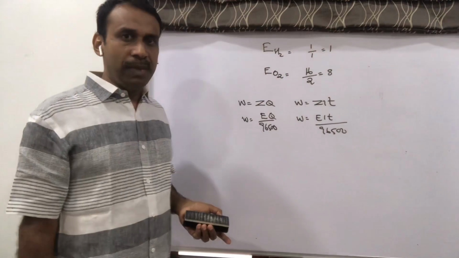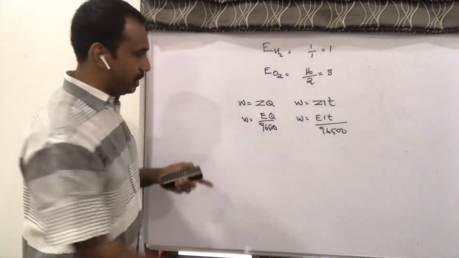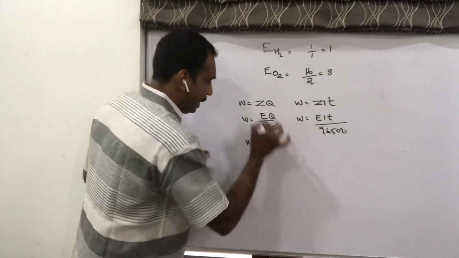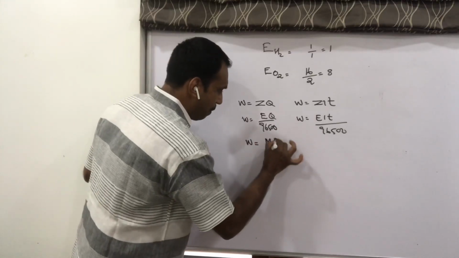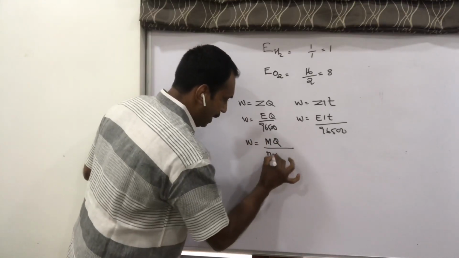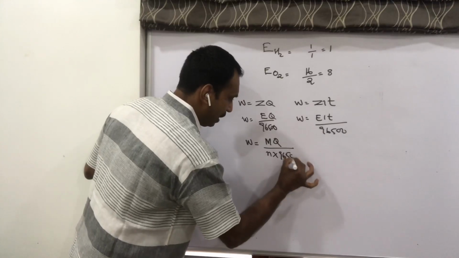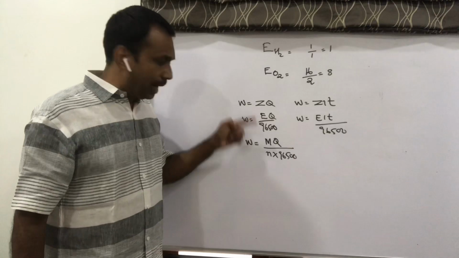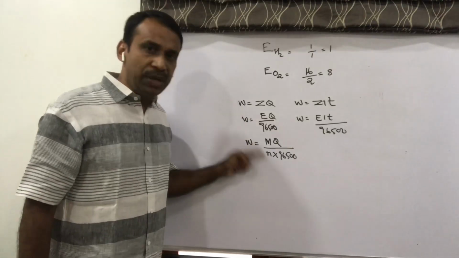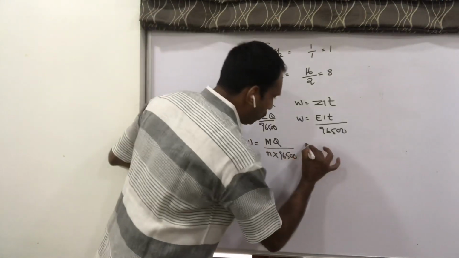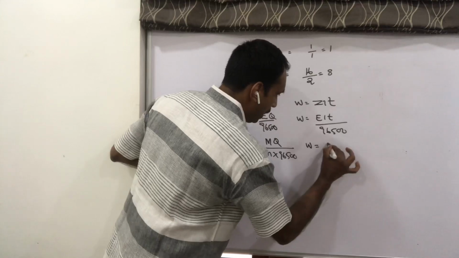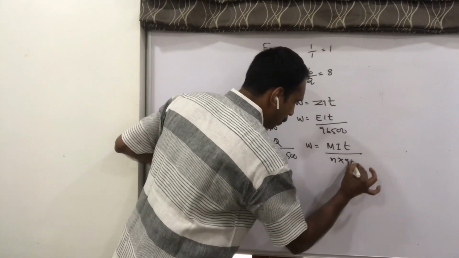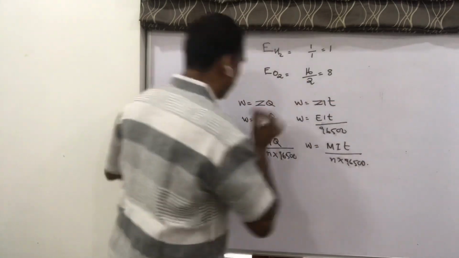Equivalent mass equal to atomic mass by valency. So again I rewrite, E can be written as M, so W equals MQ by N into 96,500. Students, please remember E equivalent mass is replaced as atomic mass by valency. Now Q equal to IT, so W equals MIT divided by N into 96,500.